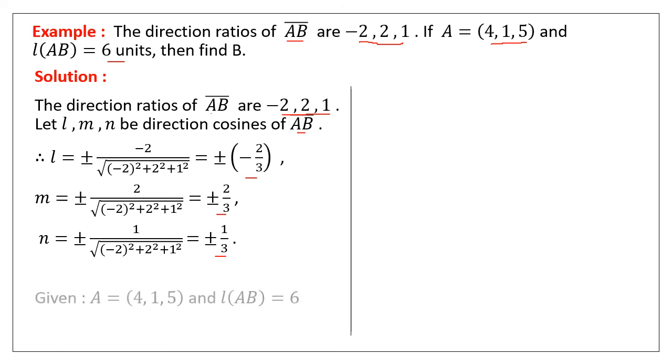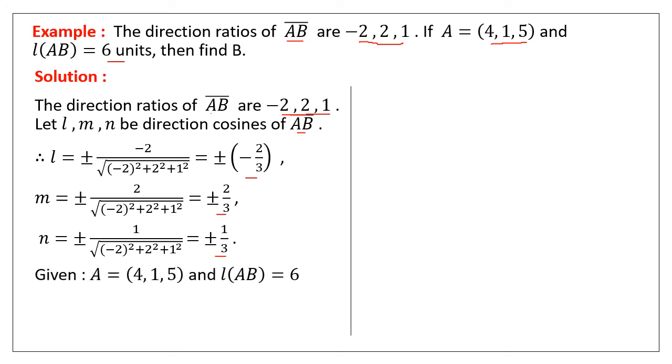So what is given here? The point A having ordered triplet (4, 1, 5) and length of that line is equal to 6. Now we have to find out the point B having ordered triplet (x, y, z). Then x - 4 = ±(-2/3) × length AB.